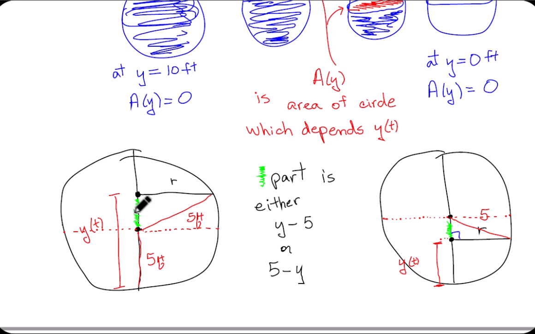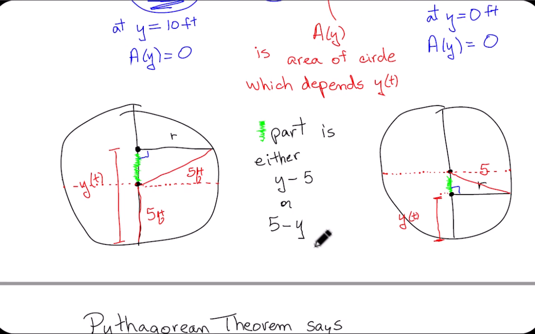We get this little part in here, and this little part is either y minus the 5 under it, or if the level of the water is under the midway point, here's y. This is the 5 point, and the little green part is 5 minus y. So either way, it's y minus 5 or 5 minus y, depending on the height of the water.